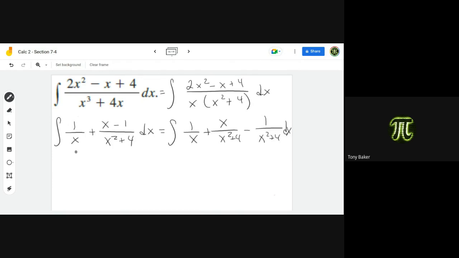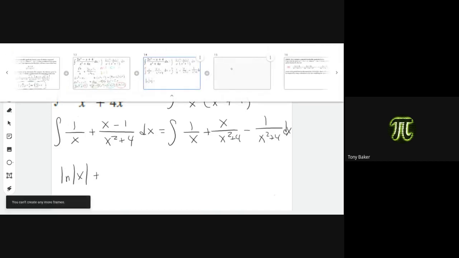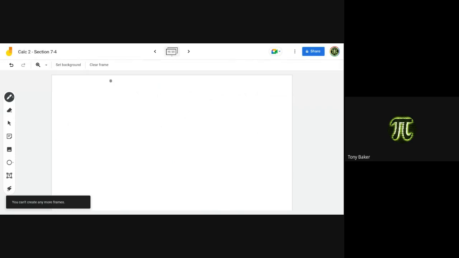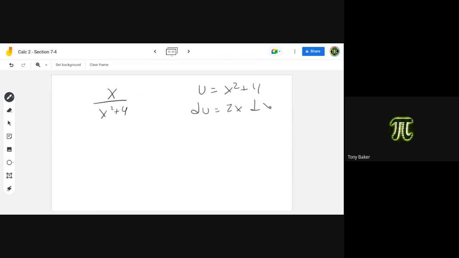What's the integral of 1 over x? So ln of x. What's the integral of x over x squared plus 4? Now we have to do our u sub for that one. So x over x squared plus 4. So u is x squared plus 4. Du is 2x dx.